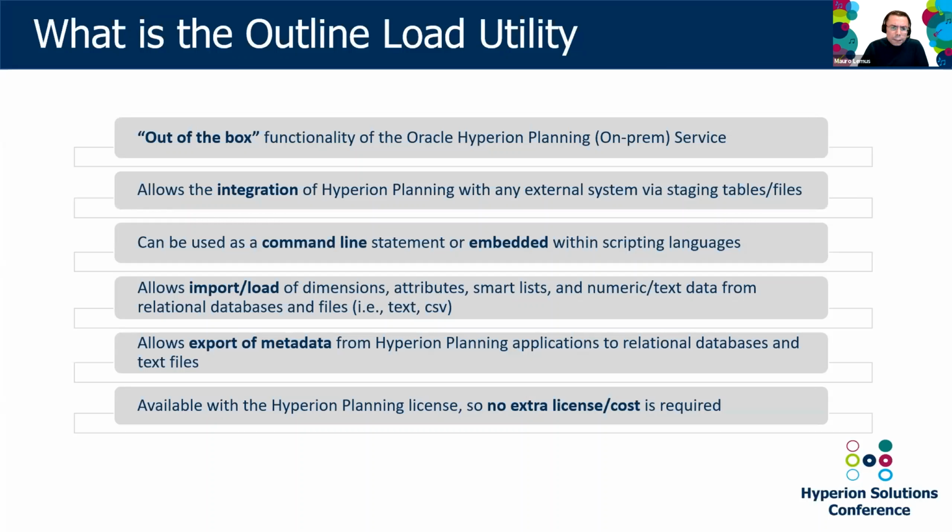It allows you to export metadata from Hyperion Planning applications to relational databases and also to text files. Additionally, it allows you to export data to text files, but not to relational databases at this point. And the more important point is that it's available with the Hyperion Planning license. So no extra license, no extra cost. It's actually out-of-the-box functionality, as I mentioned at the very beginning.